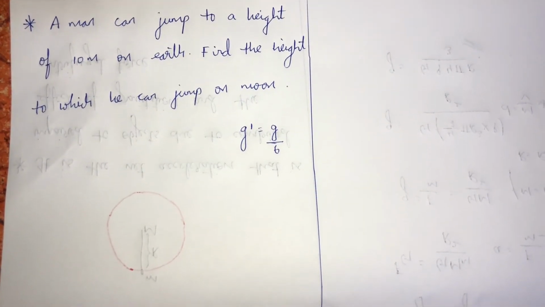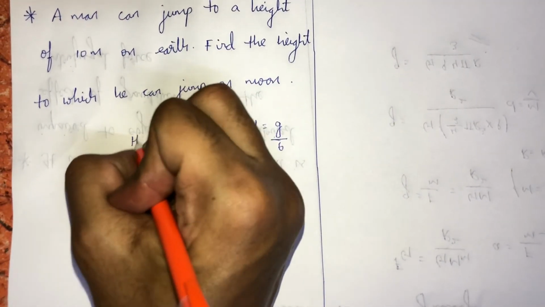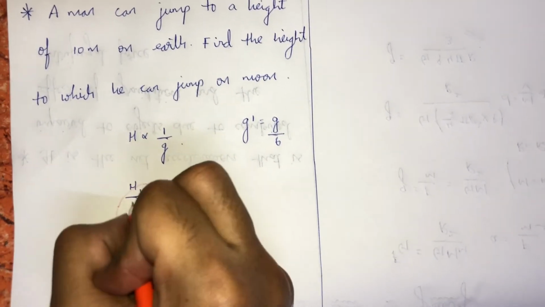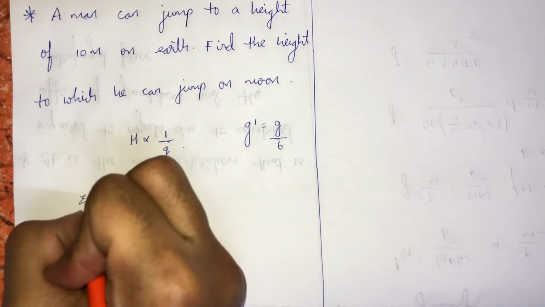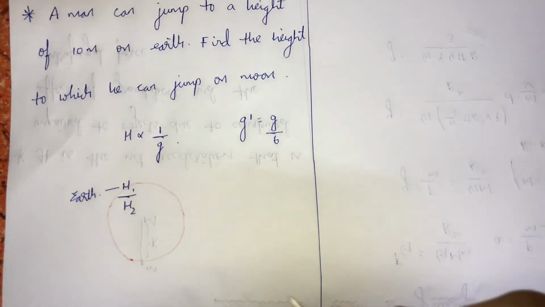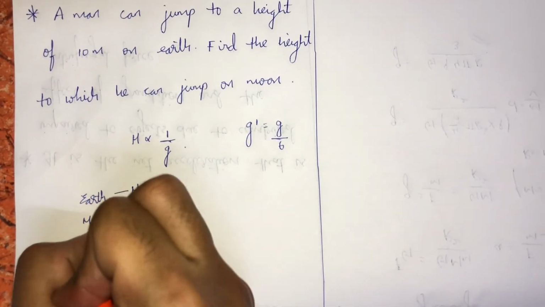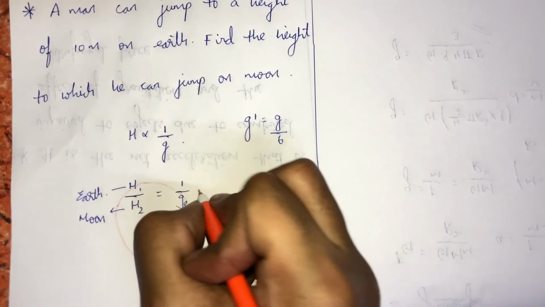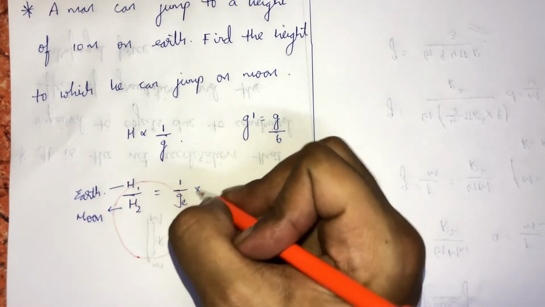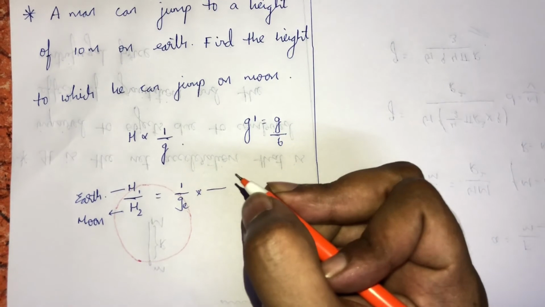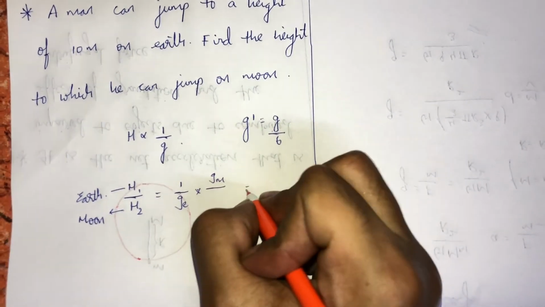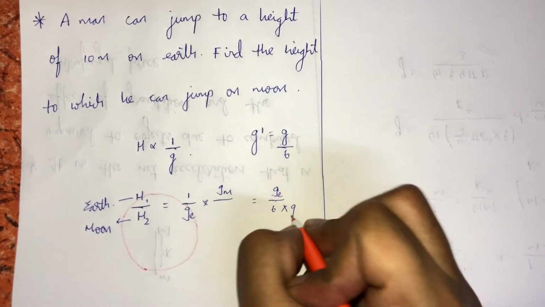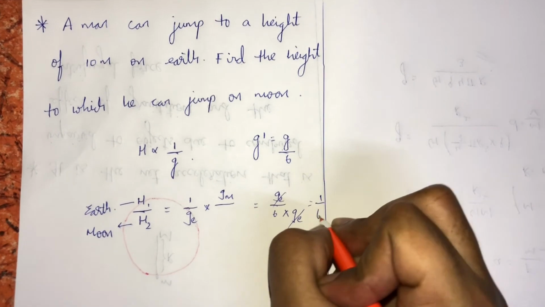Moreover, we know that height is inversely proportional to g. So h1 by h2, where h1 is related to earth and h2 is related to moon, will be equal to g moon by g earth, where gravitation of moon is g by 6 into g, that is 1 by 6.